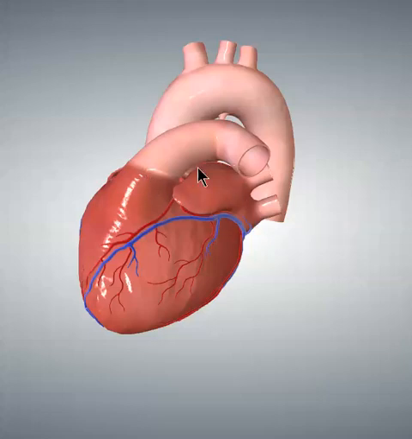That's opposed by the apex down here on the opposite end of the heart. This is the apex. This is the base. Now again, I want you to remember this area right here. This is the lateral border of the left ventricle. I'm going to rotate the heart back to its normal anatomic location.